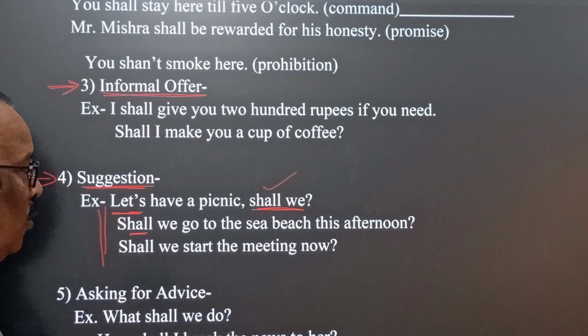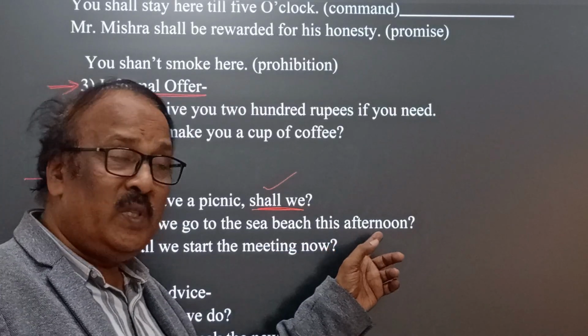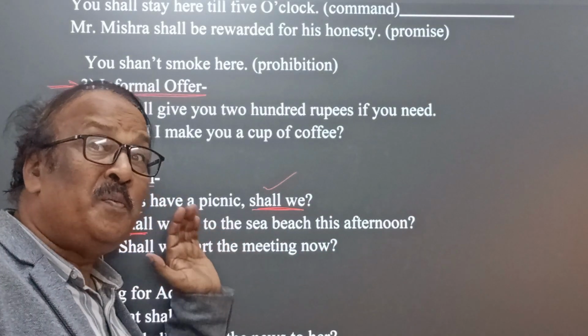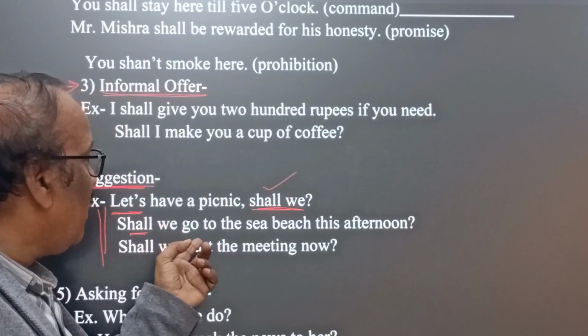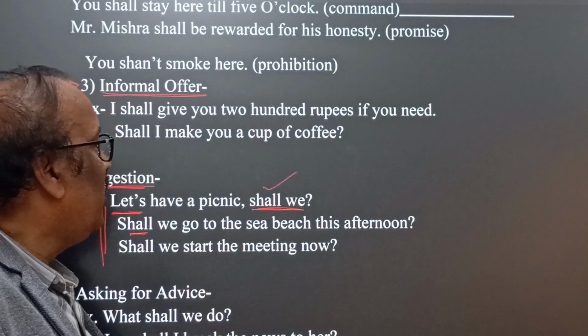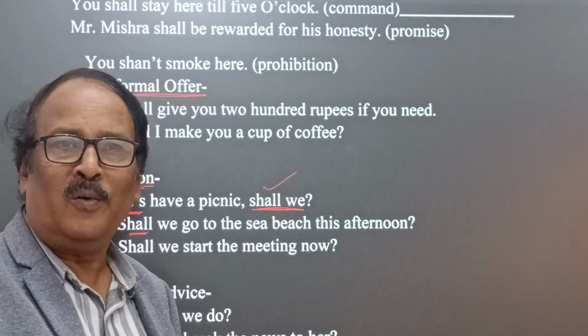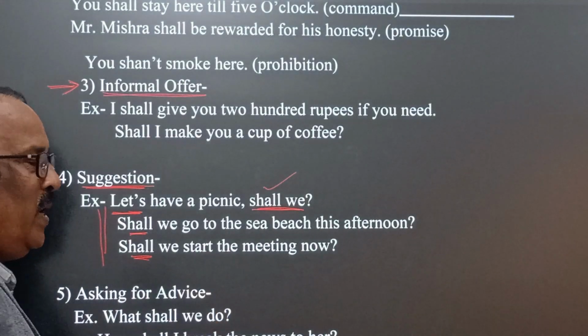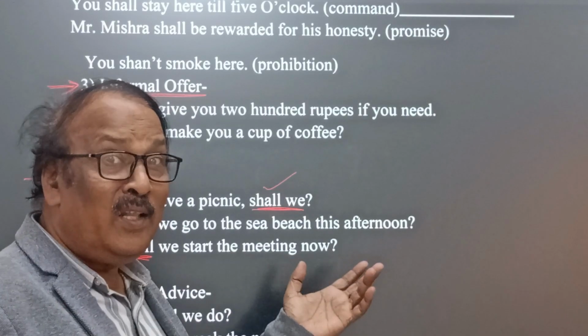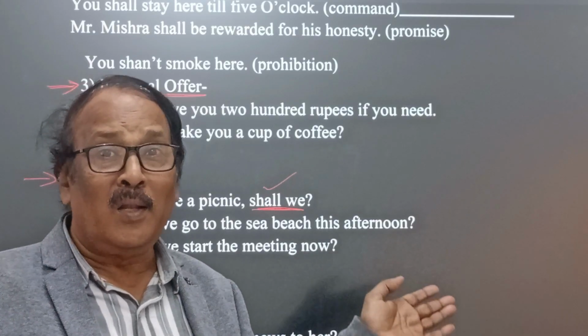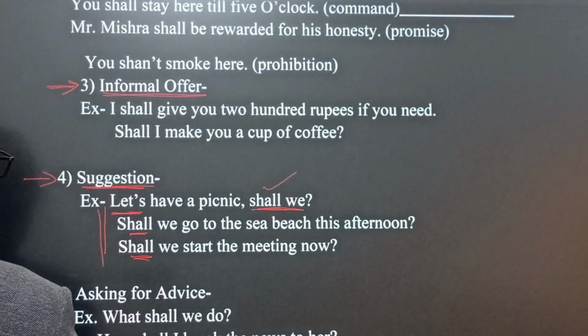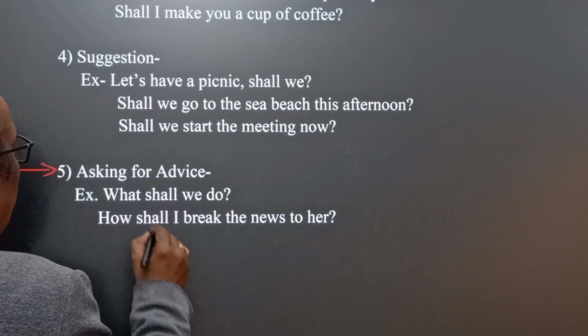Shall we go to the sea beach this afternoon? Here the speaker gives a suggestion of going to the sea beach this afternoon. Shall we start the meeting now? The speaker is taking the suggestion of the members. Now see the next idea, asking for advice.